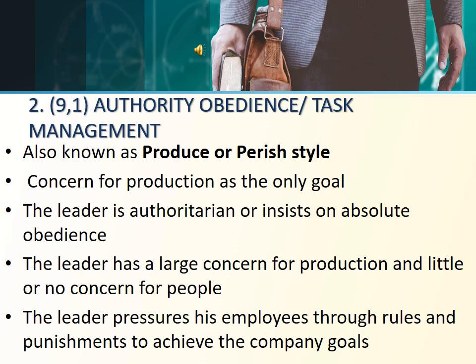The leader believes that efficiency can result only through proper organization of work systems and through elimination of people wherever possible. Such a style can definitely increase the output of the organization in the short run, but due to the strict policies and procedures, high labor turnover is inevitable.